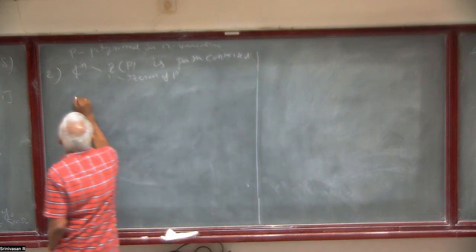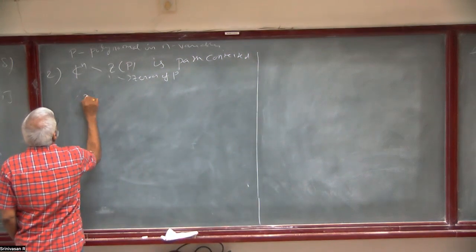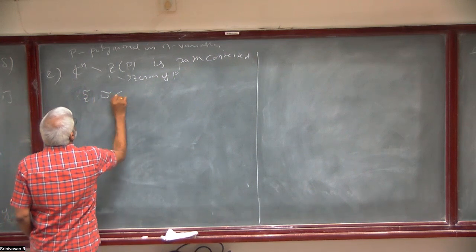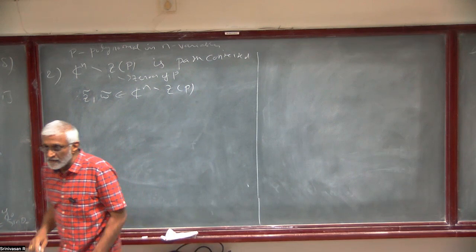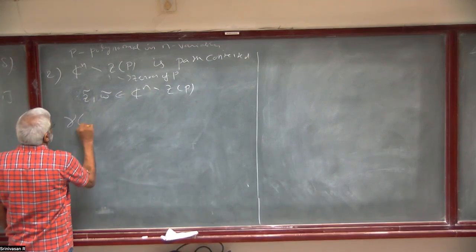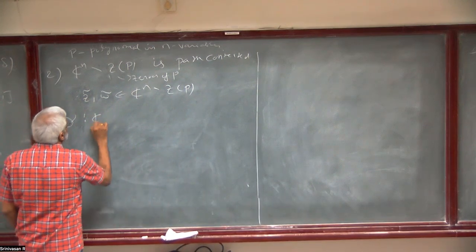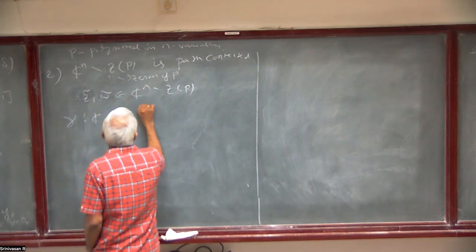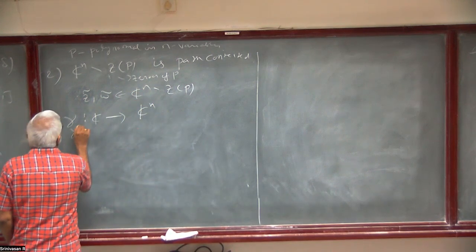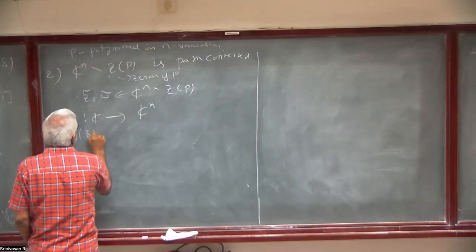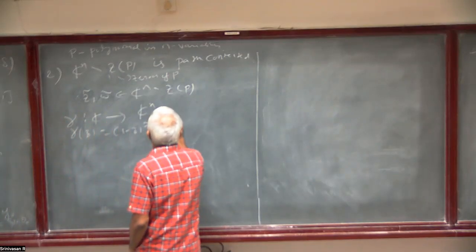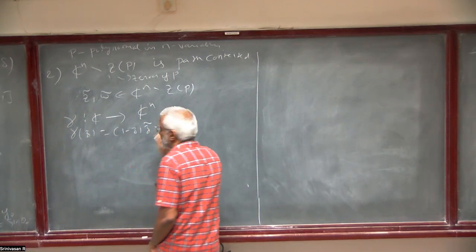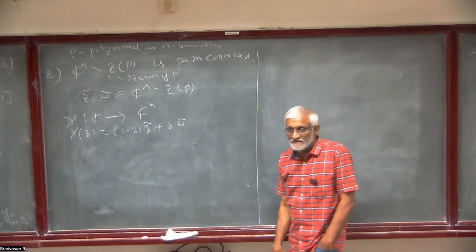So what we did is the following. We took some z tilde and omega tilde in this C^n minus Z. Then we defined a gamma from C to C^n by gamma of any z equal to (1 minus z) z tilde plus z omega tilde, for any 2 points like this.